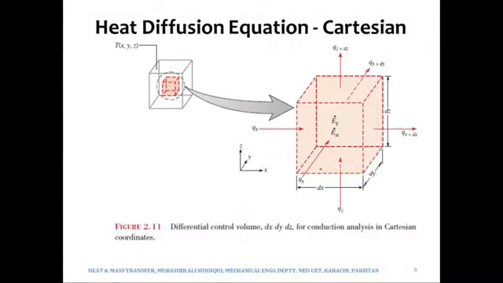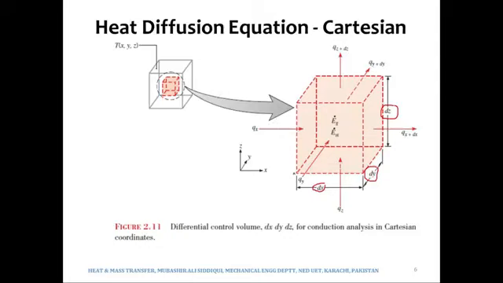This is another figure from our book. Over here you can see that we have the same differential element having dimensions of dx, dy and dz as described previously, and this differential element is a part of the complete system. As I explained earlier, it is a part of a larger system.